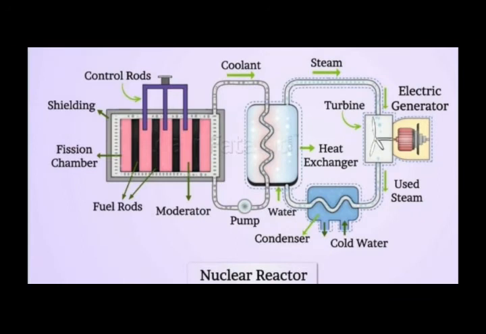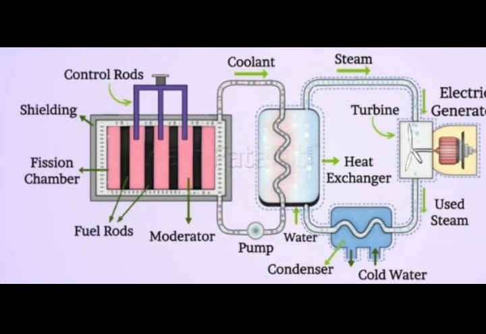And the other one is shielding. There are two layers of shielding for a nuclear reactor. Inside is lead shielding, which stops the radiation coming from the nuclear fuel. Whenever a nuclear reaction takes place, radiation particles like alpha, beta, gamma come outside, which are harmful for normal life.